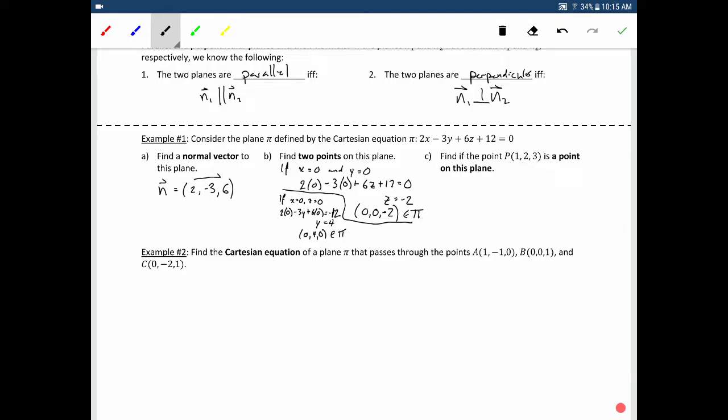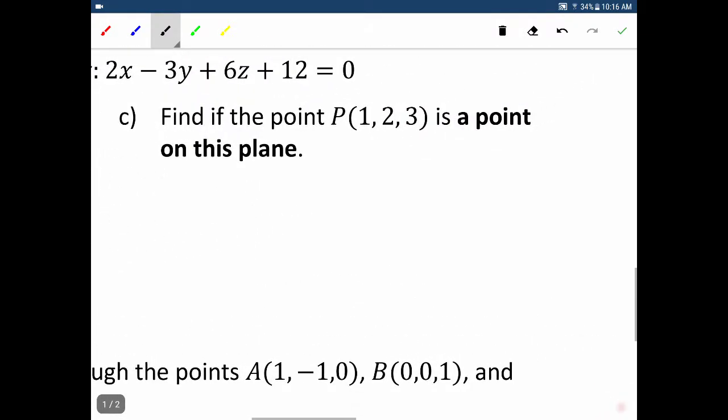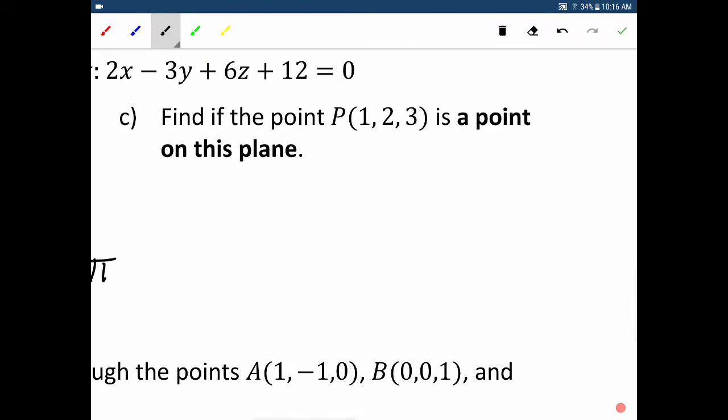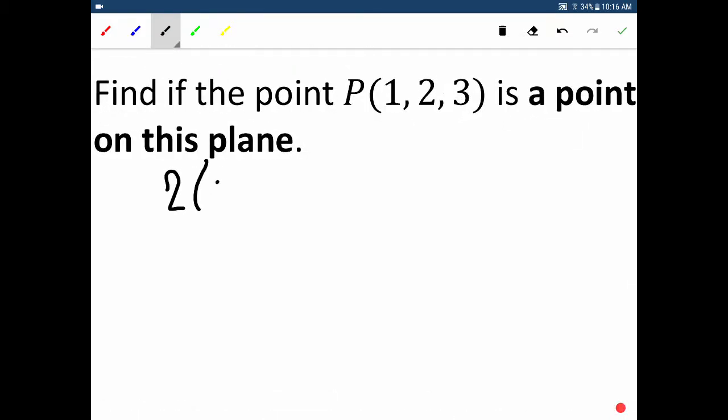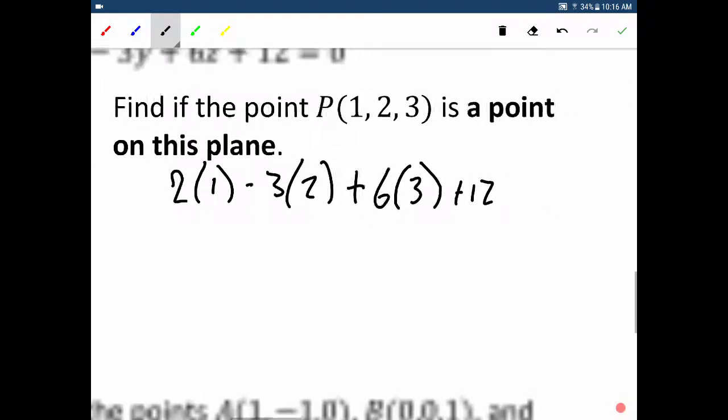All right, so let's find if the point is on the plane. This is simple enough. This is no different than what you would do in your grade 9 stuff, finding if a point was on a line. Okay, we just take the equation and we sub in this point. So we say 2 times 1 minus 3 times 2 plus 6 times 3 plus 12. And we just find out what that equals.